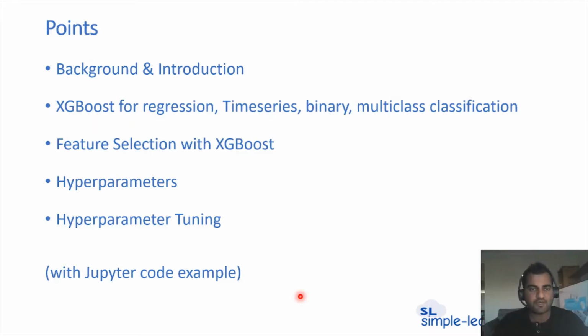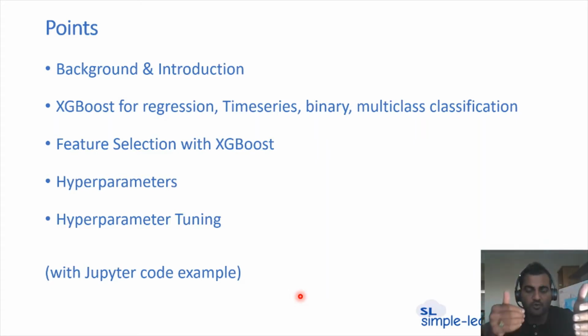So today we'll learn about XGBoost. As this is one of the key ML models, I recommend that we start with a quick introduction about this model, a quick background, followed by a series of videos where I can walk through XGBoost, mainly for regression, then time series, then binary classification, or it can be multi-class classification.